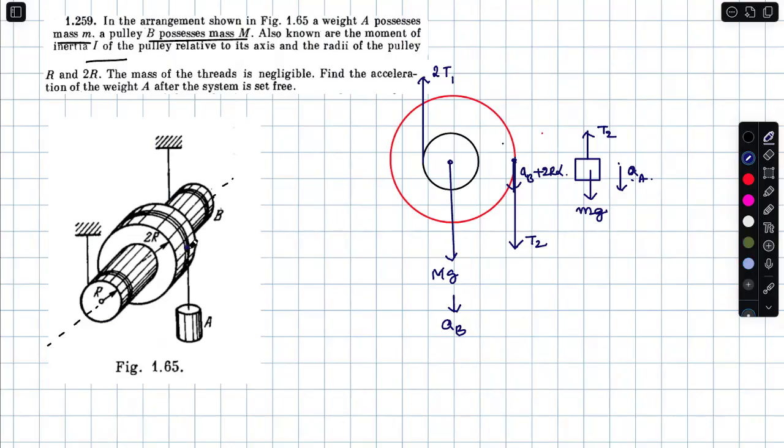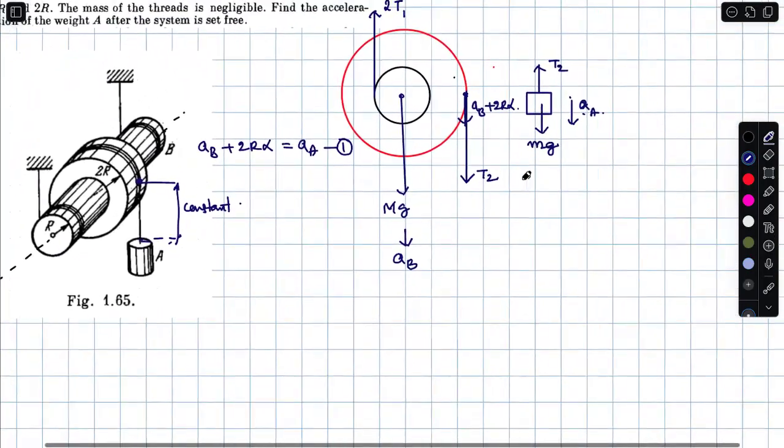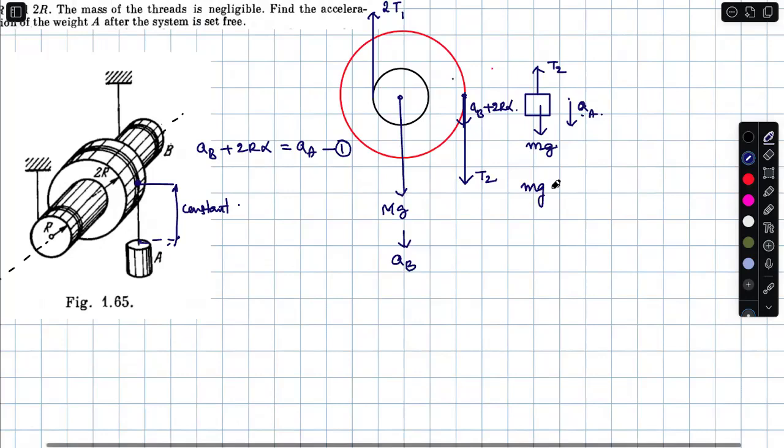See, if this length of the string is constant, for this to happen, AB plus 2r alpha is the acceleration of this point. That should match with the AA. Equation 1. Next, one more important point. Here you can write mg minus T2 is MAA.